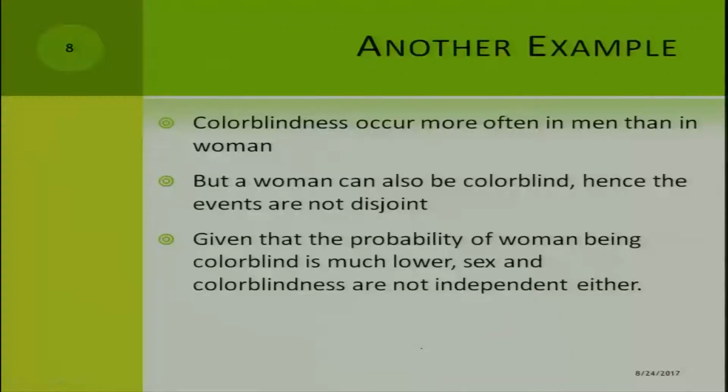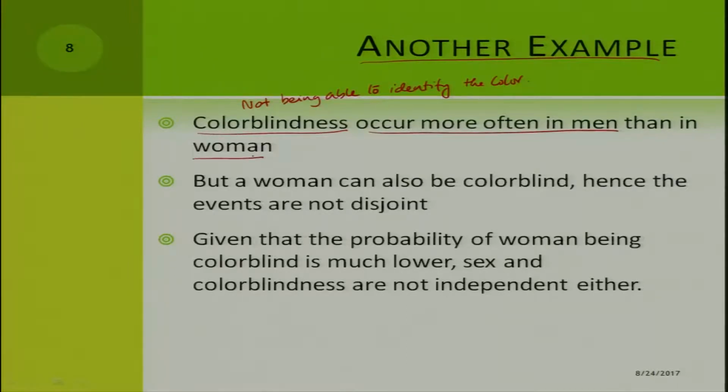So, here is another, a little bit more realistic example. Let us forget about the cards and let us worry about this. Color blindness. Color blindness is not being able to identify the color. This is the color blindness concept. Color blindness occurs more often in men than in women.